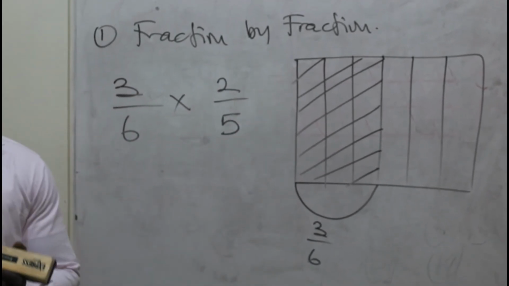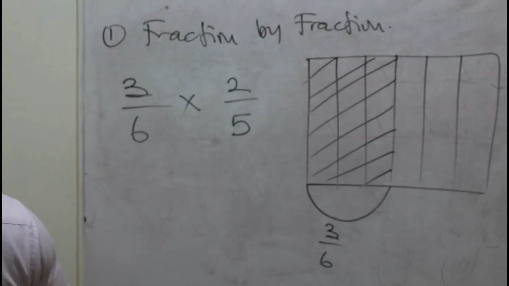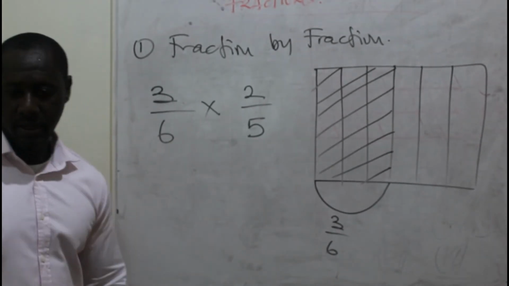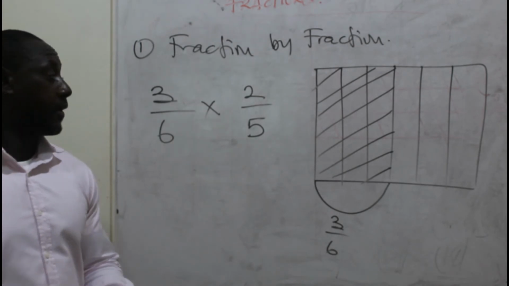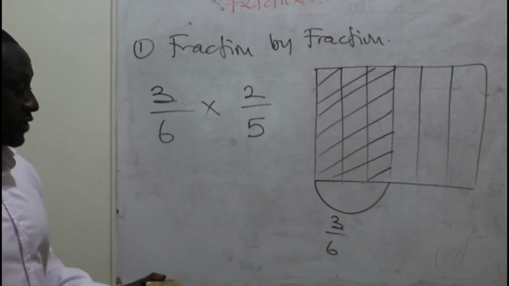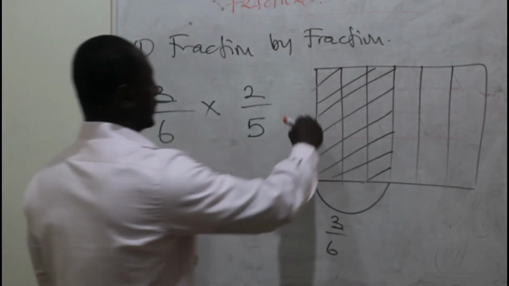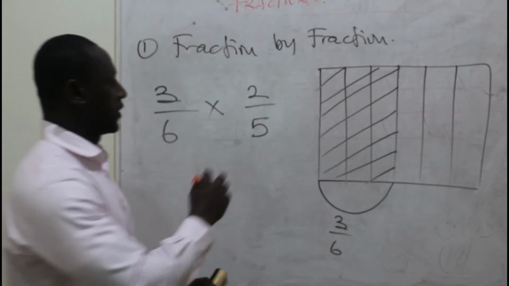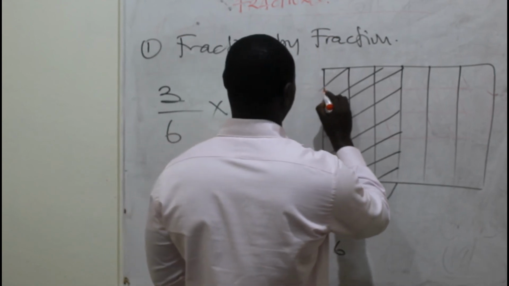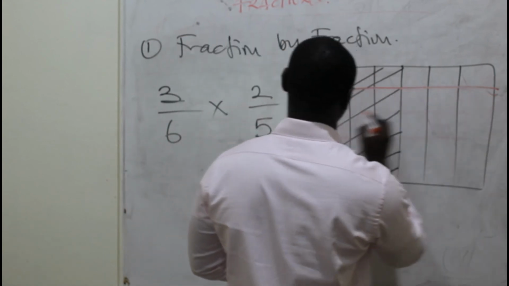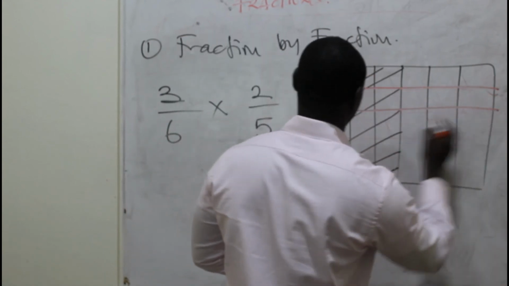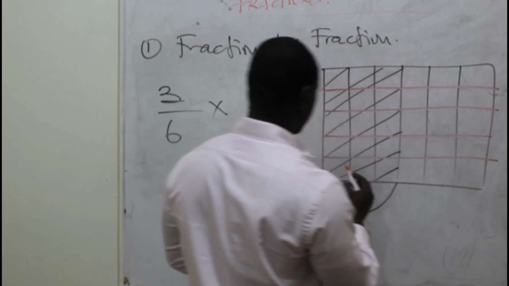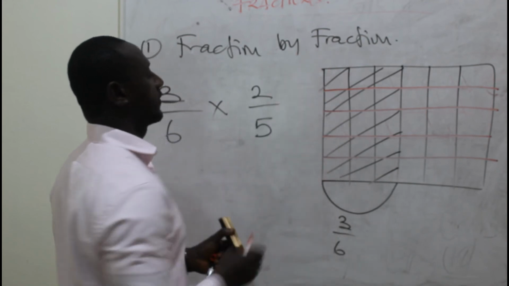Now when you are done with that, you again guide the kids to divide the paper, this time horizontal, into 5 equal parts. So horizontal into 5 equal parts, I have 1, 2, 3, 4, 5.